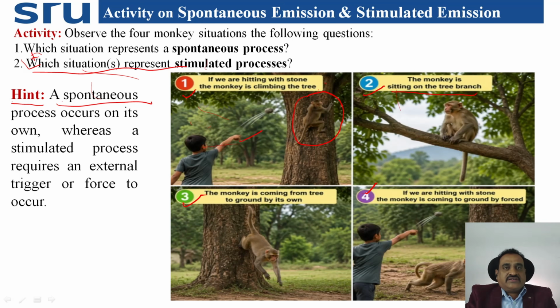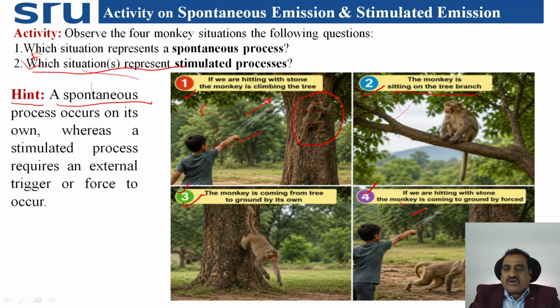So remember this simple idea. Spontaneous means on its own. So in the third, the monkey is coming down on its own. That is spontaneous. Stimulated means because of external influence. So the boy is hitting here with a stone, external influence.